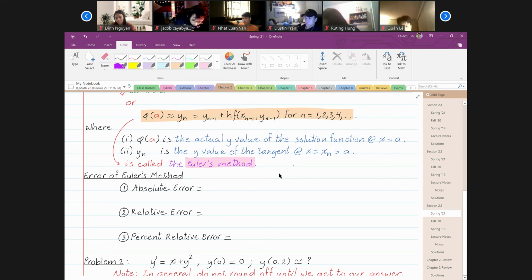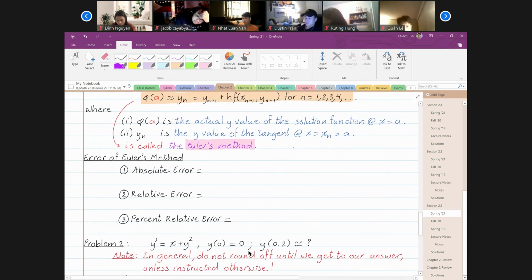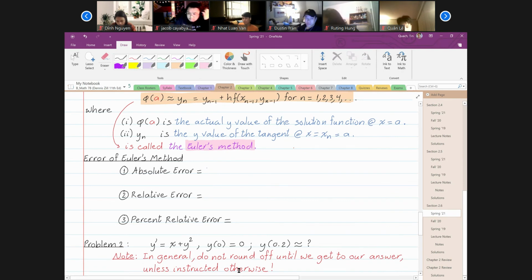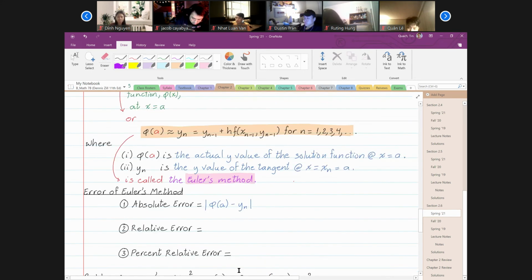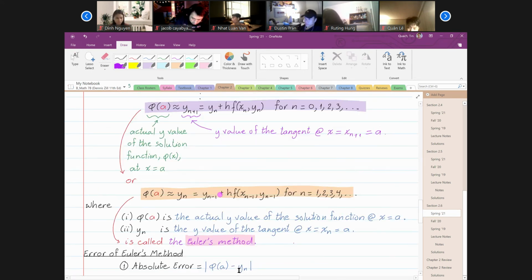The error we call absolute error, which is the absolute value of the actual value at a minus the approximate value. I prefer using this formula to that one.